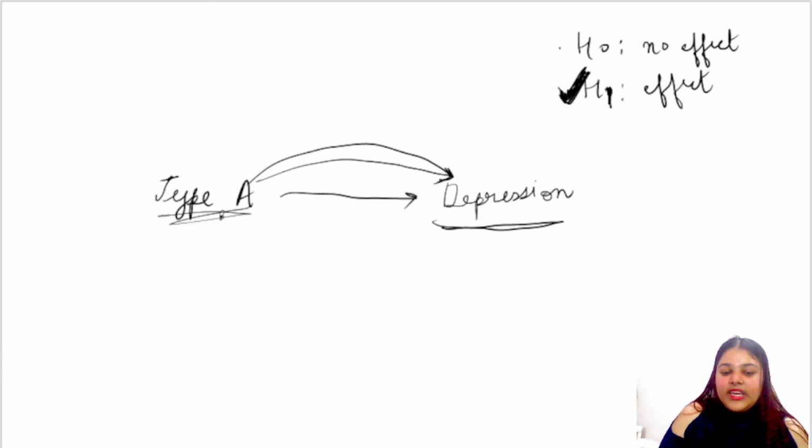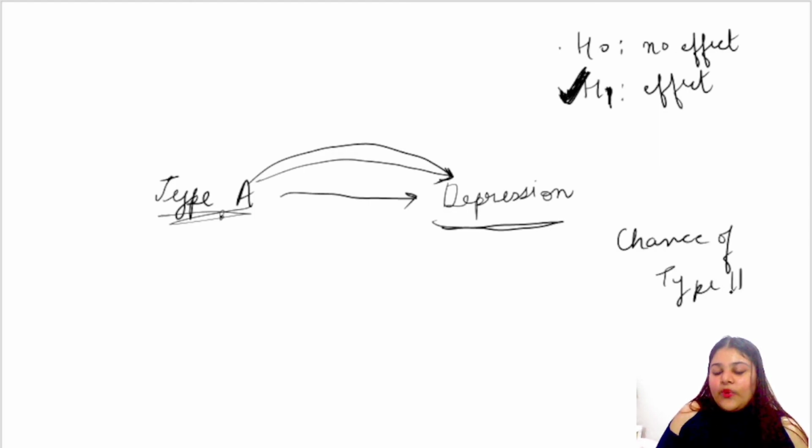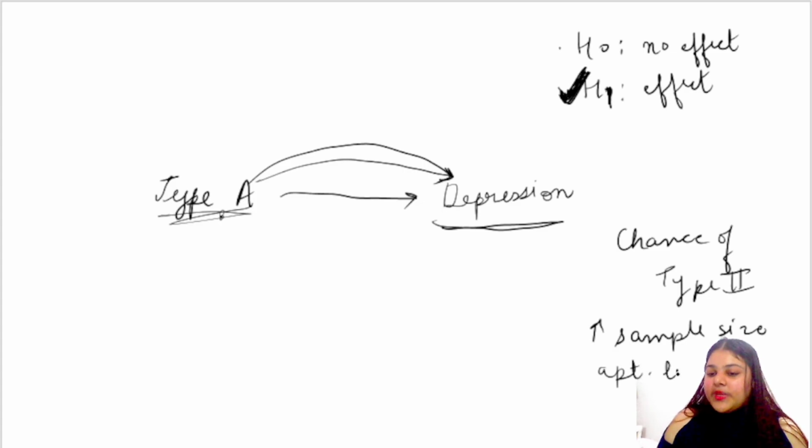So we reduce our chances of type 2 error by increasing the sample size, by setting up an appropriate level of effect size, or by lowering the level of significance, or lowering the p-value basically.